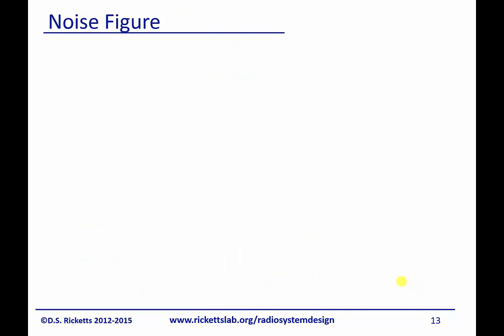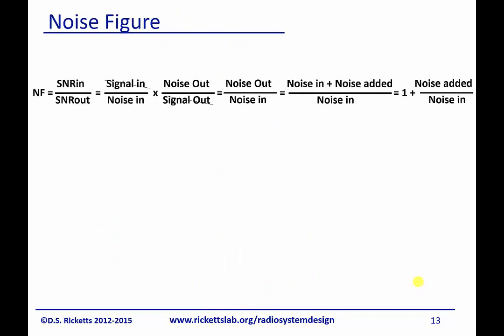So let's talk briefly about noise figure. Noise figure is the ratio of the signal to noise ratio in to the signal to noise ratio out. If we break that apart, as you can see here, signal in, noise out, signal out, these two cancel, and we're left with noise out over noise in.